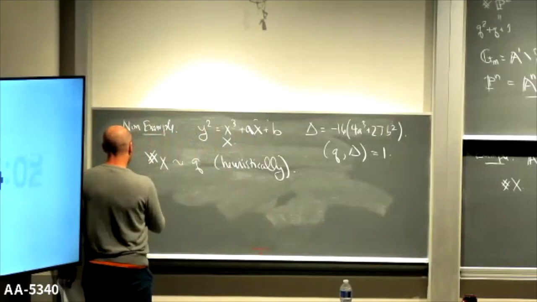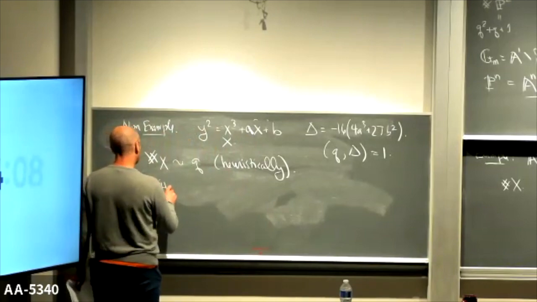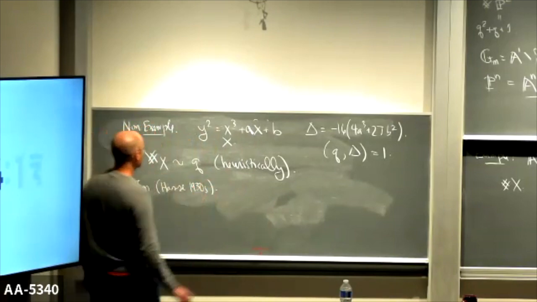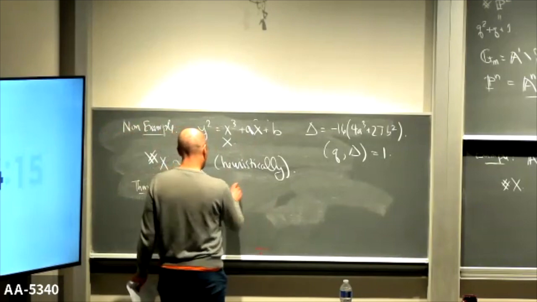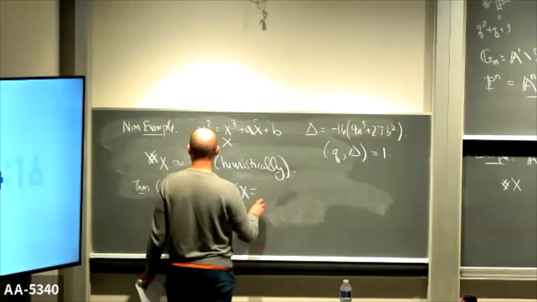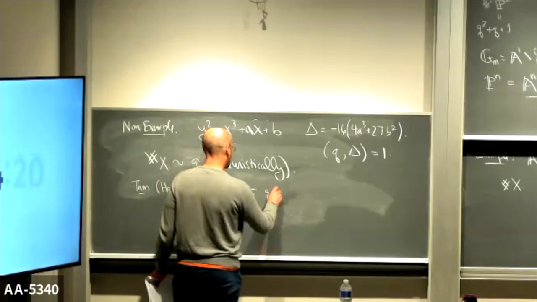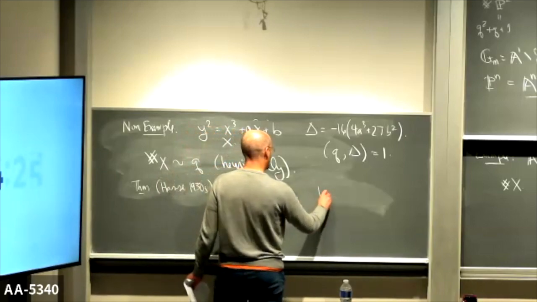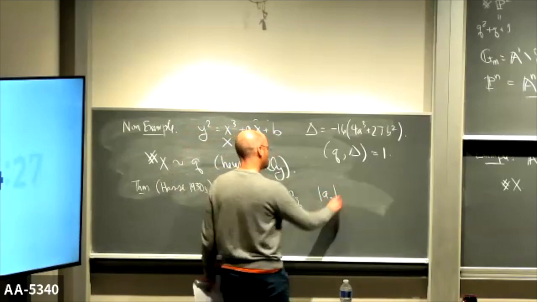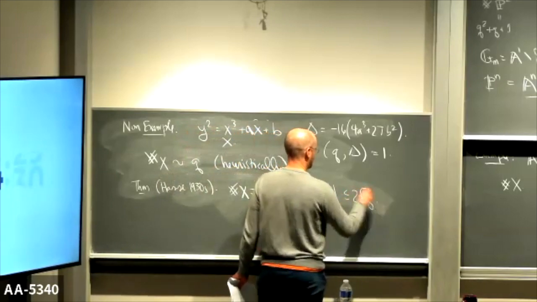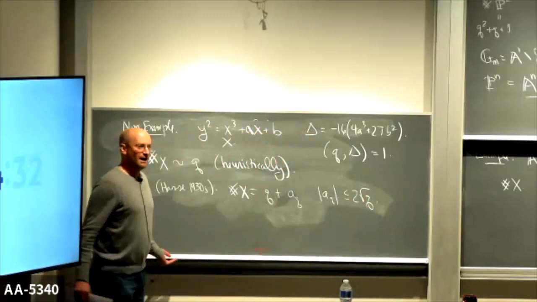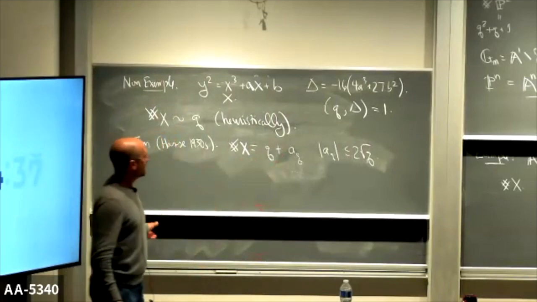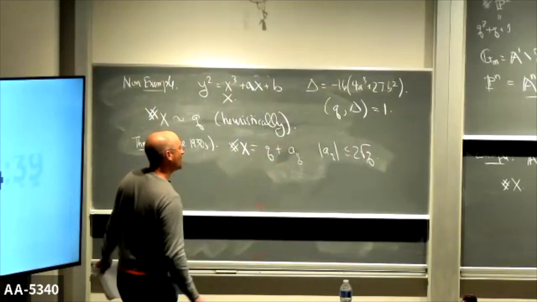And then the theorem, that I think goes back to maybe Hasse in the 1930s, conjectured by Emil Artin, is that the number of points on X is Q plus some error term a_Q, and the size of the error term is less than or equal to 2 square root Q. So the heuristic is pretty good, and we have a very specific bound on how good.